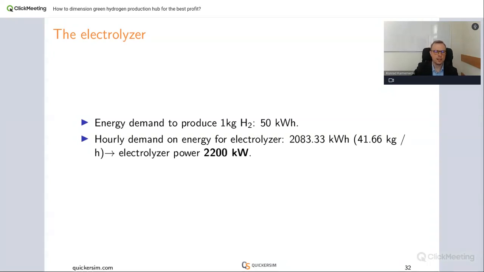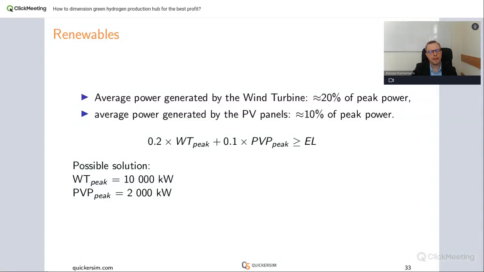Okay, so we know how big the electrolyzer in our installation should be. And now we try to adjust the renewable sources for that. For the location I selected, the average power generated by a wind turbine is about 20% of peak power at the location, and the average power generated by PVs is about 10%.